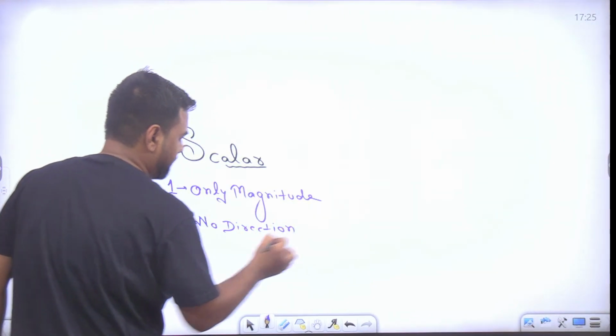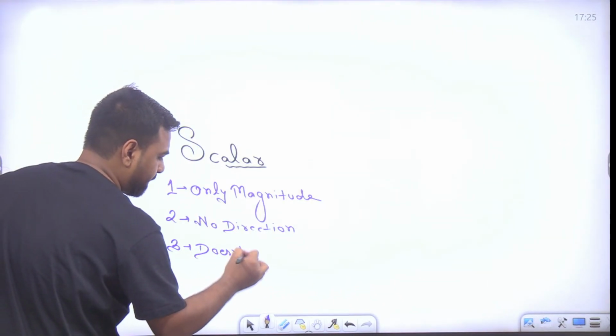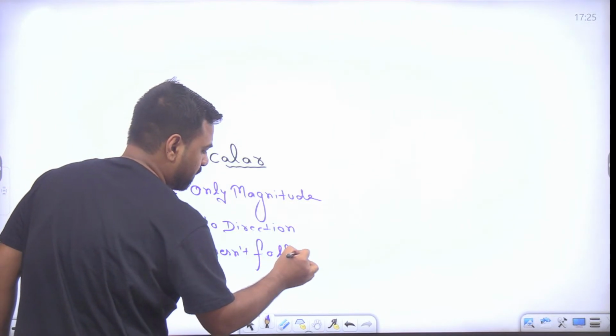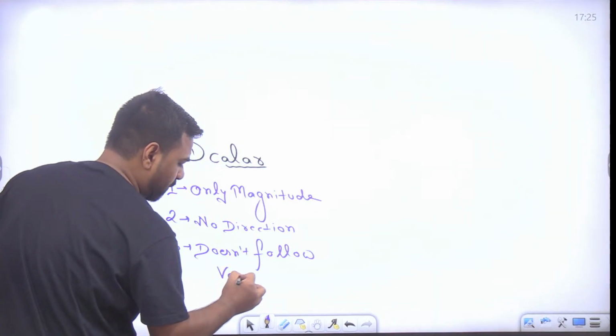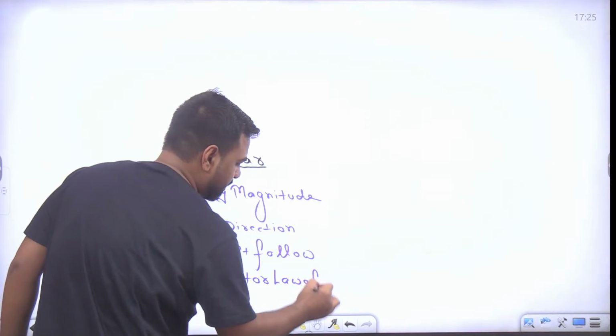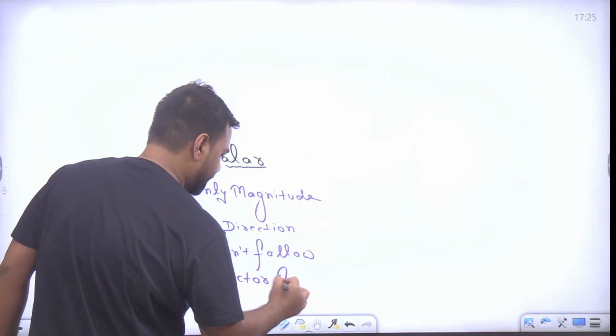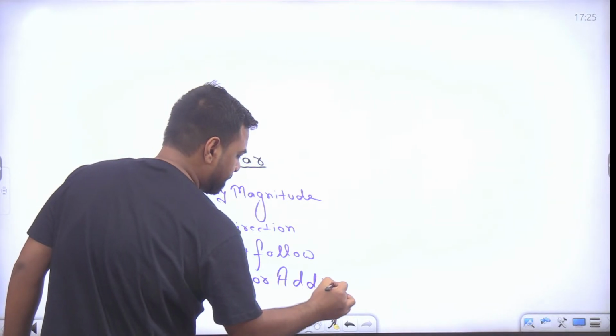And the third one is that it doesn't follow the vector law of addition. What is that? Doesn't follow vector law of addition, or I'll just say doesn't follow vector addition.